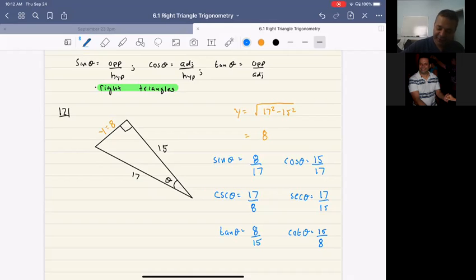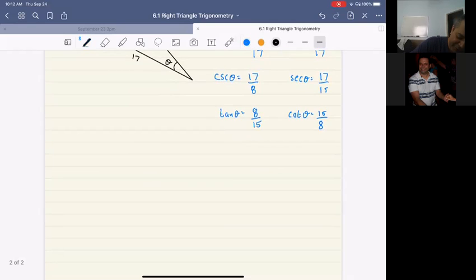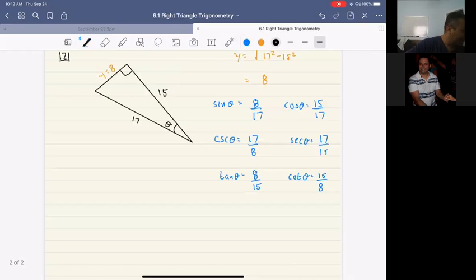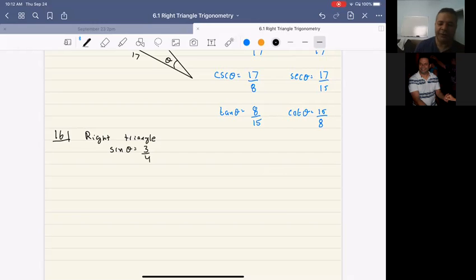Let's take a look at another. You can pause it if you need to slow down. Number 16. In this one, we have a right triangle and sine of theta equals 3/4.